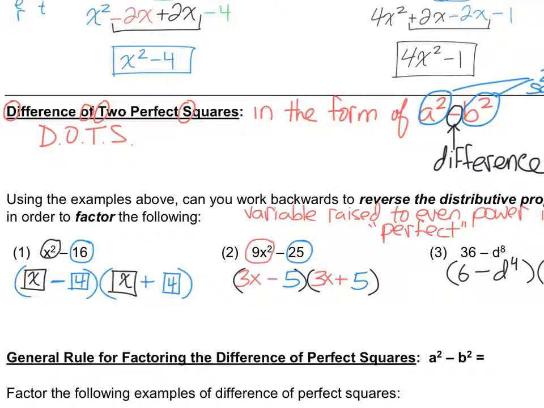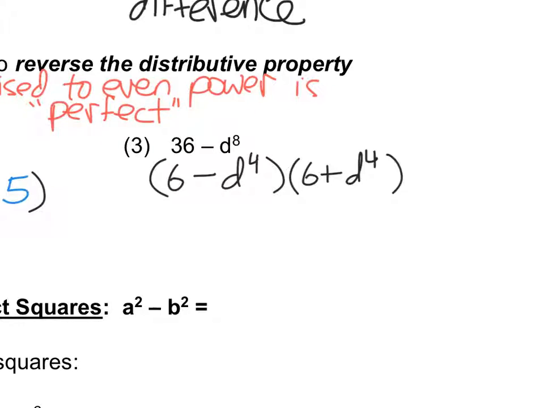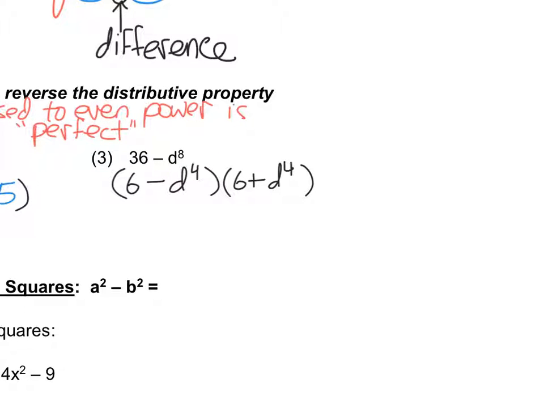This technique can be used even if you're not dealing with perfect squares, as long as there's a difference between 2 things. So it's the difference of 2 squares technique. Most often and most usefully, it applies to perfect squares, but we could use it in other cases. So let's take a look.